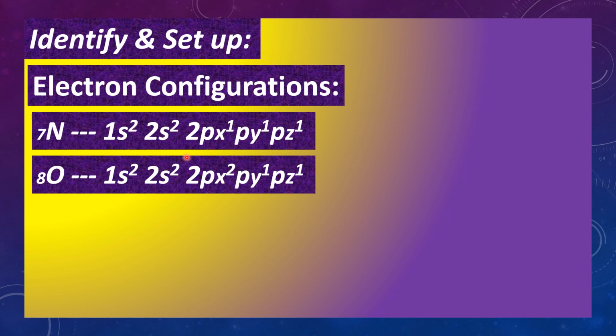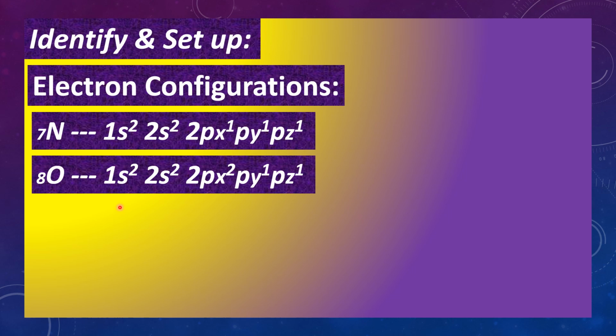That means its valence or outermost electrons are distributed in the manner that the 2s orbital is completely filled with 2 electrons, while the three 2p orbitals, 2px, 2py, and 2pz, have 1 electron each. So we say that the p orbitals are half filled with electrons.